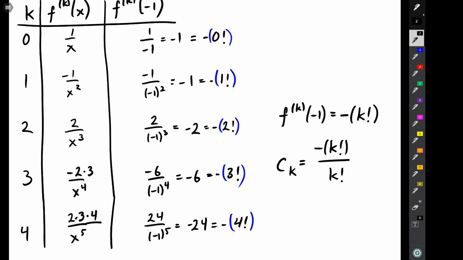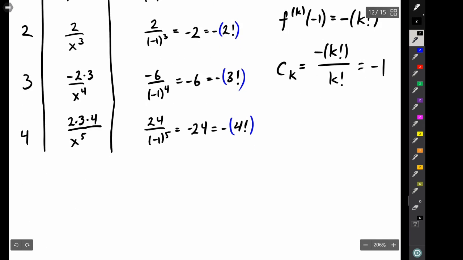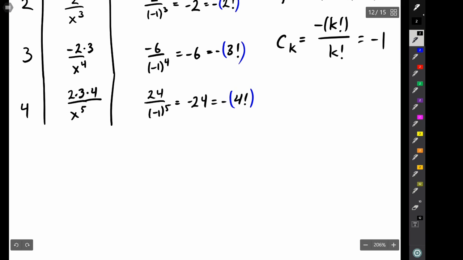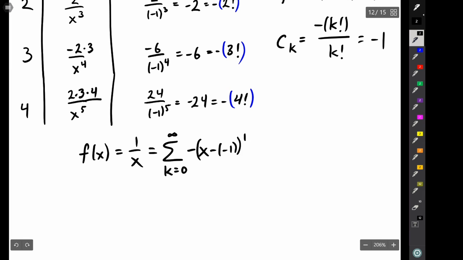This one's simple. We didn't even need to learn anything. This just cancels out to -1. And so we get that f of x, which is 1 over x, is equal to the sum from k equals 0 to infinity of -(x to the k). Oh, sorry, I did that wrong. It's x minus -1 to the k.